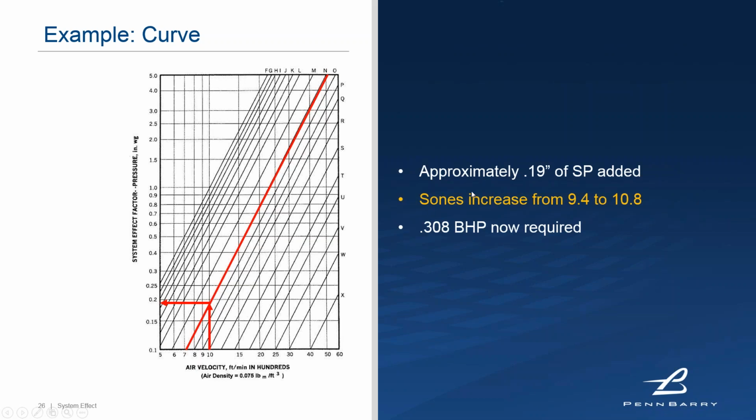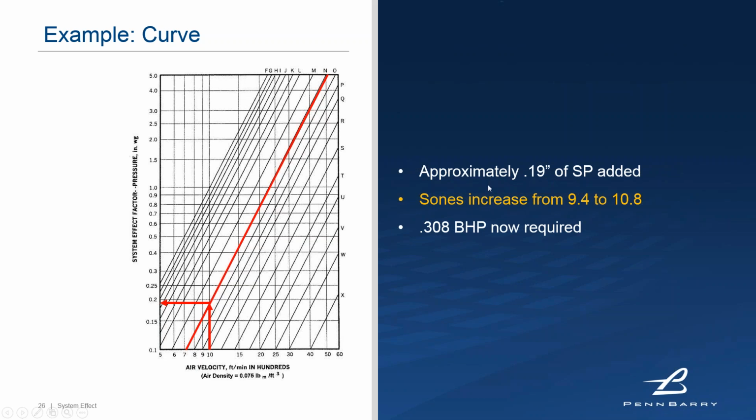And again, as I mentioned at the start of this, system effect is not static pressure, but because we have to work against it, we pretend that it is, and we use measurements like this to guide us in a process to overcome it.